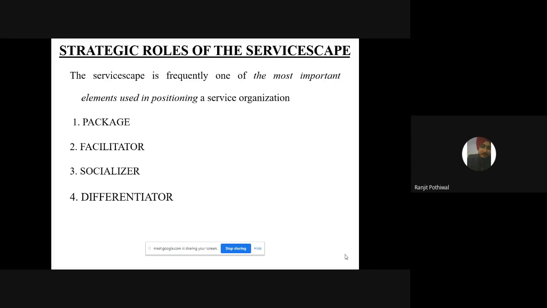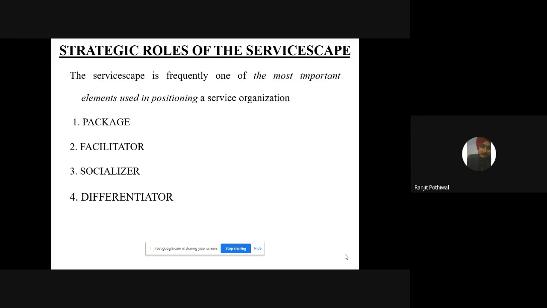Second is the facilitator. First is the package, second is the facilitator, third is the socializer. So what do you mean by socializer? If the environment is good, if the equipment is good, what happens? You tend to speak to people nicely because you are happy. Your emotions show a calm, contented, and happy kind of feeling.